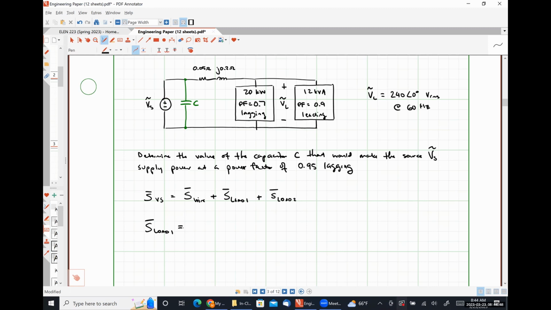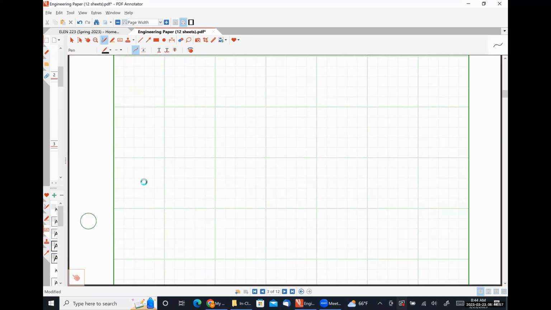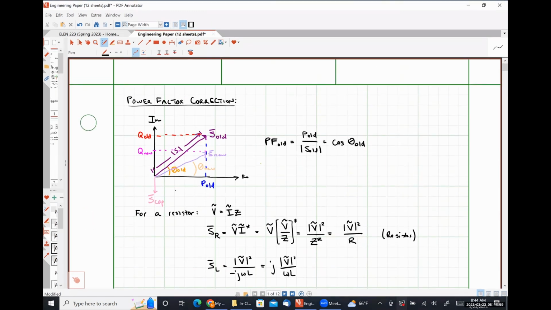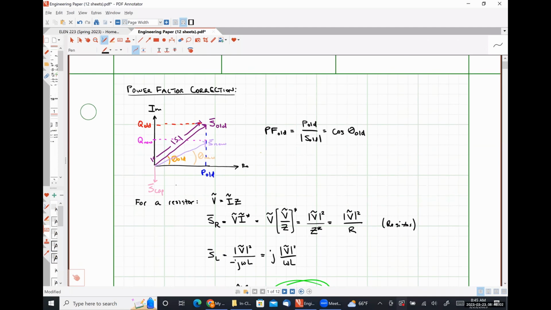Absolutely right. So if I know the average power and I know the power factor, that's literally all I need to know to figure out the complex power. And that's just going to use those relationships. Let me scroll way back up here. These guys, right? So I can manipulate this expression and I can say that the magnitude of my complex power, S old, is just going to be P old divided by PF old.